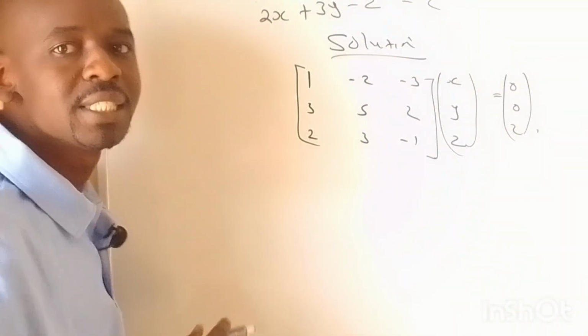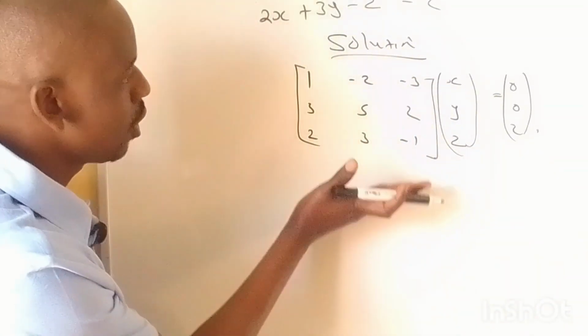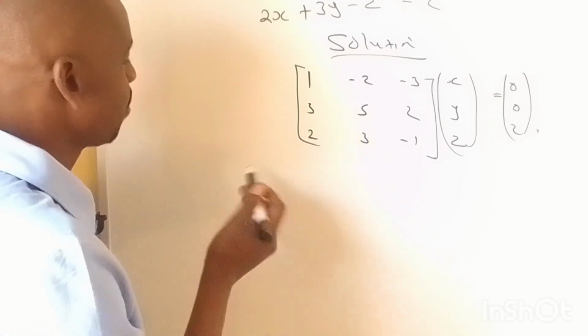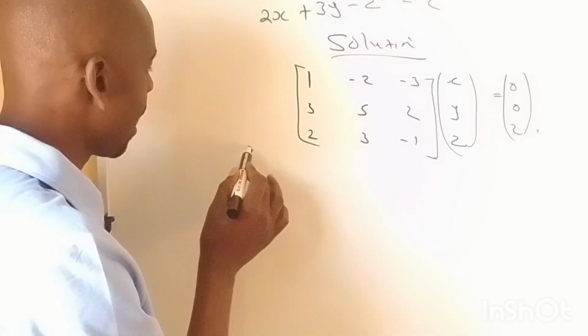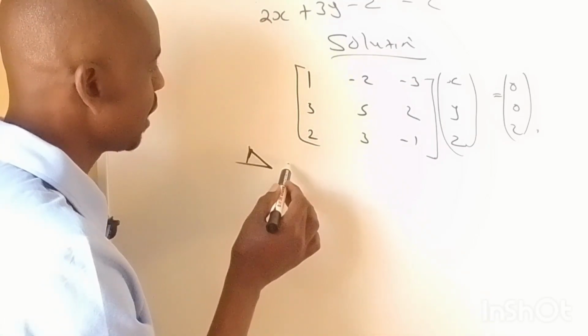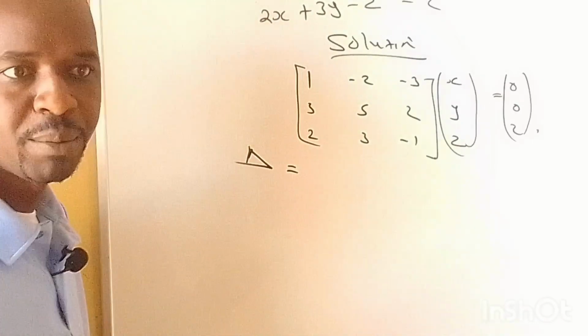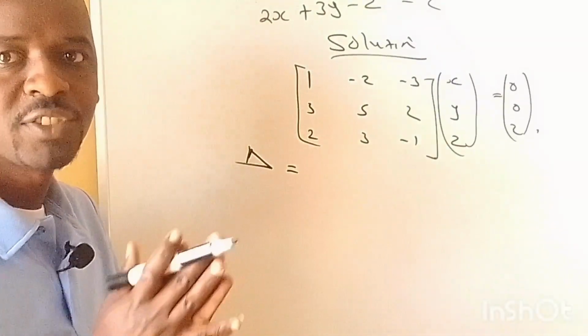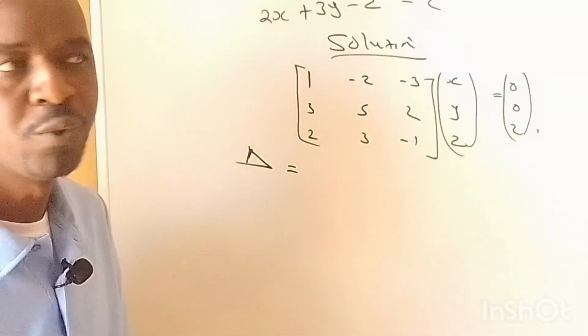So you pick the matrix form of it. Then we want to get the determinant of this matrix. Let's call this one A. So the determinant of that matrix. How do we get the determinant of the matrix? The rule says that the signs are very important and you need to follow them.